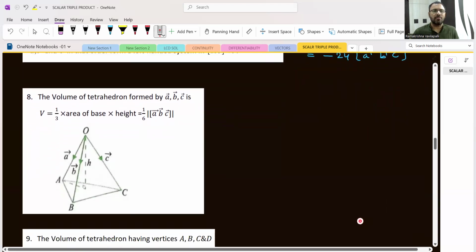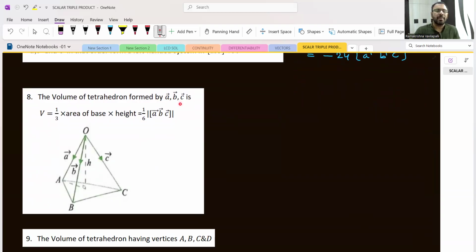Now, what is the volume of the tetrahedron formed by A bar, B bar, C bar? We have seen that the volume of parallelepiped is equal to box of A bar, B bar, C bar. But what is the volume of a tetrahedron? A tetrahedron is formed by four triangular faces.